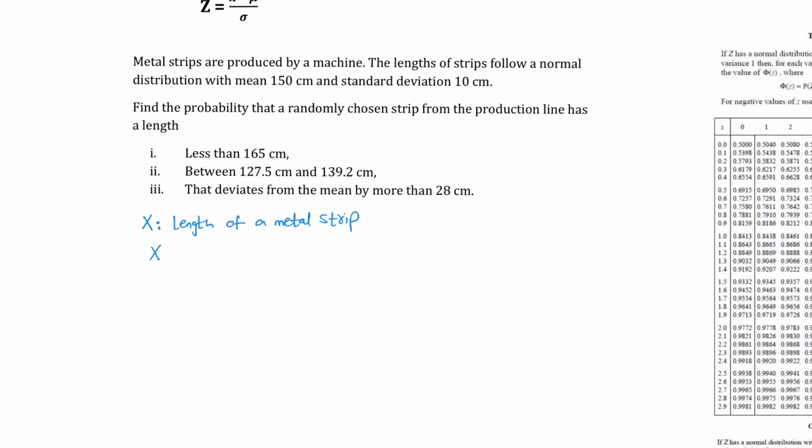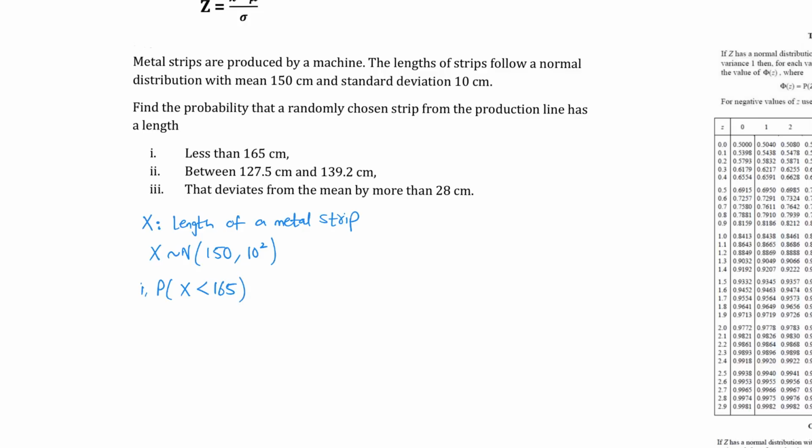And this x follows a normal distribution with mean 150 and standard deviation 10, so variance would be recorded as 10 squared. You are supposed to find the probability that a randomly chosen strip from a production line has a length less than 165. So in part 1 you need to find the probability that x is less than 165.